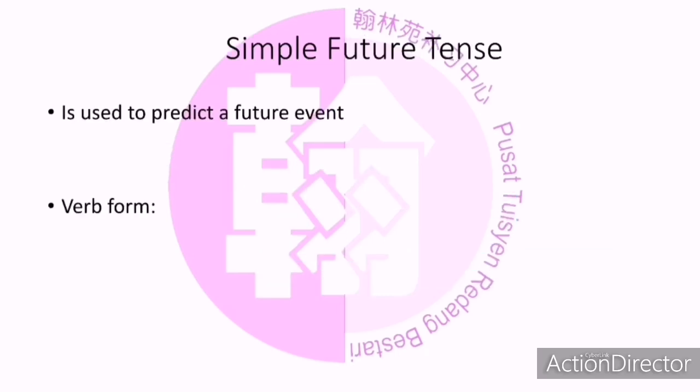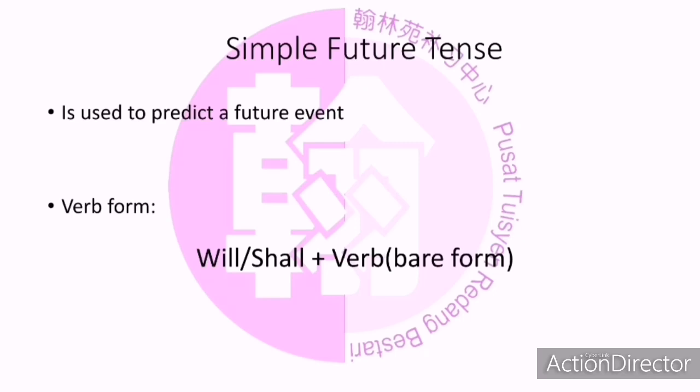Alright, the following tense we are going to share with you is simple future tense. This is a tense that predicts a future event. So what is the verb form for simple future tense? The formation of simple future tense is will or shall with the verb in bare form.